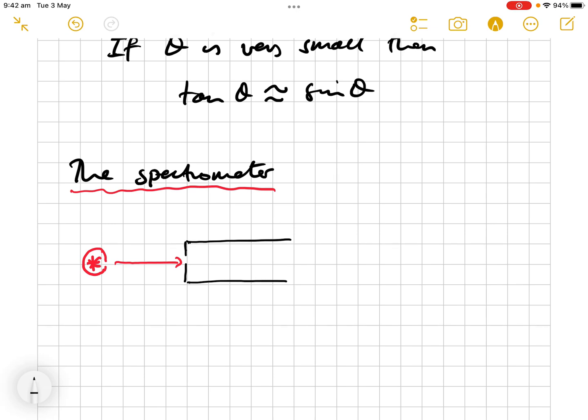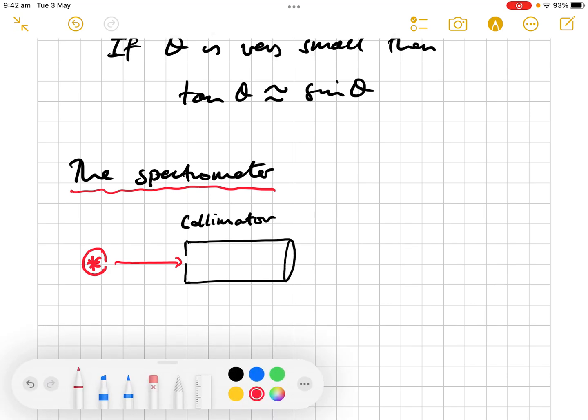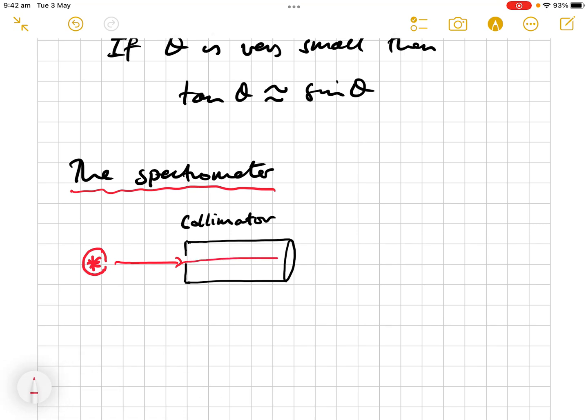And the reason for the collimator is that it ensures that what emerges from the collimator is a nice narrow parallel beam. Anything that's not travelling in the right direction would be absorbed by the sides of the collimator.